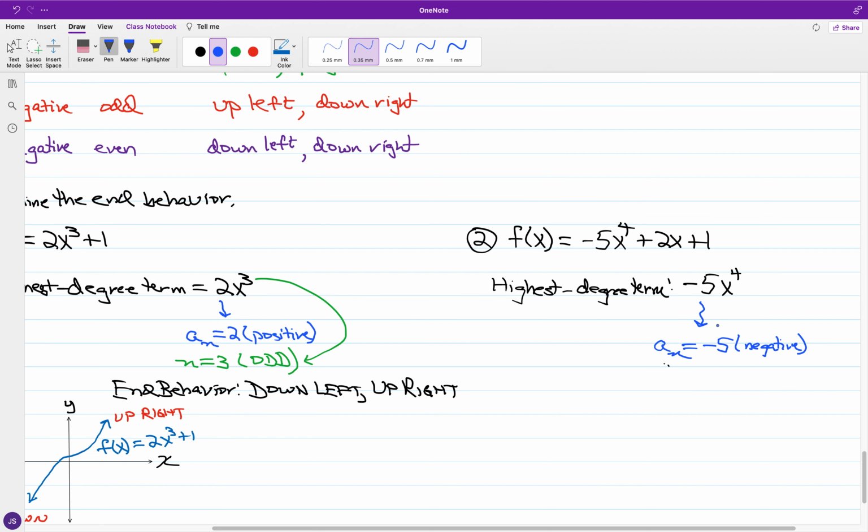And the degree of the polynomial is dictated by the degree of the highest order term, so that is going to be 4.